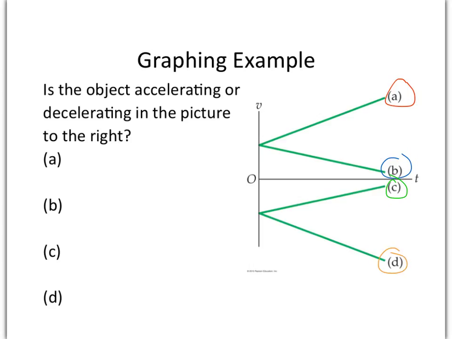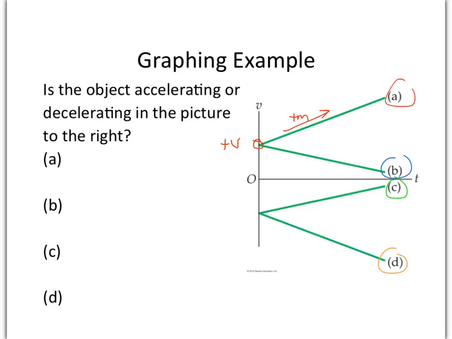So let's ask ourselves, is the object accelerating or decelerating? All right, well, what is going on right here? Let's look at just A for a second. A is starting out with a positive velocity, right? This is above 0 right there. Starting with a positive velocity, and we have a positive slope.